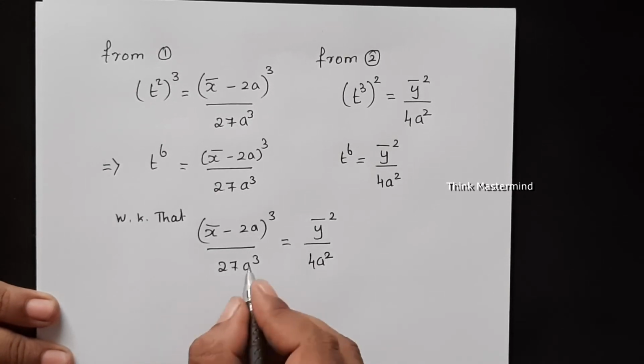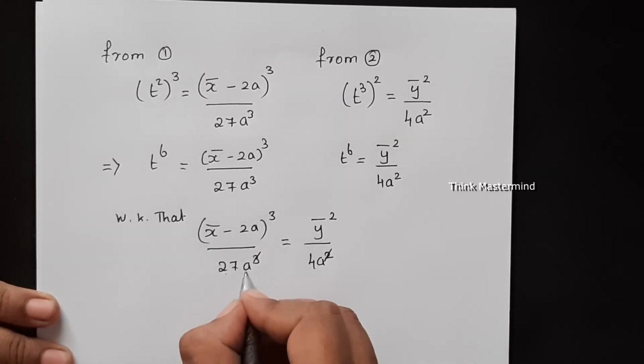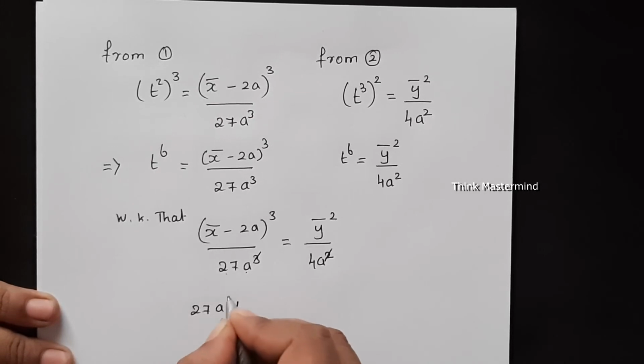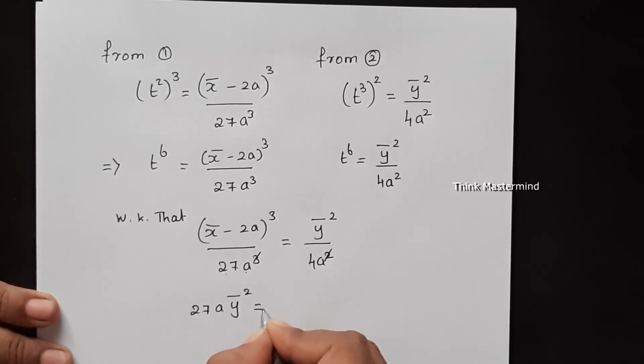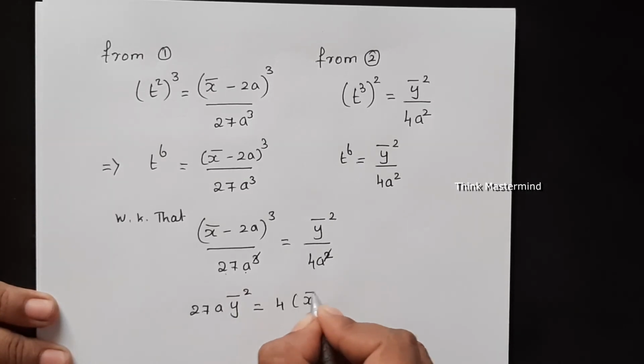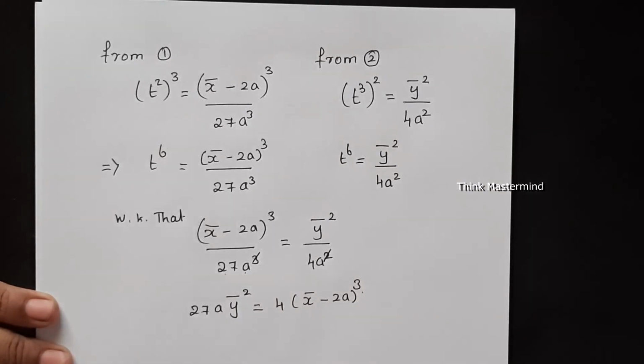Now a cube, here a squared is cancelled, remaining we have 27a, cross multiplying, 27a y bar squared is equal to 4 times of x bar minus 2a the whole cube.